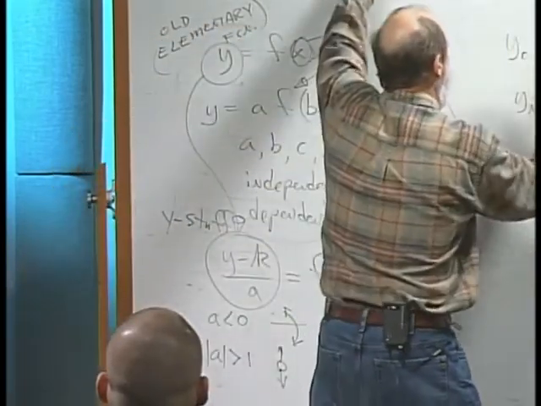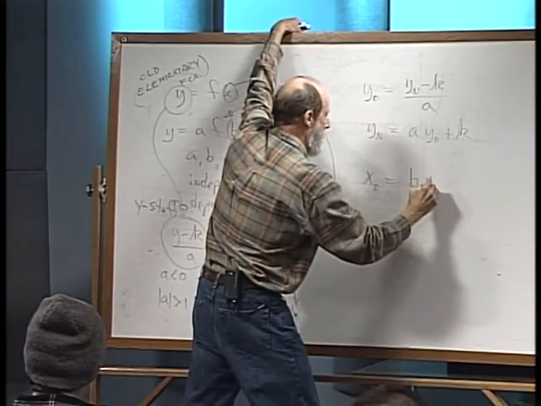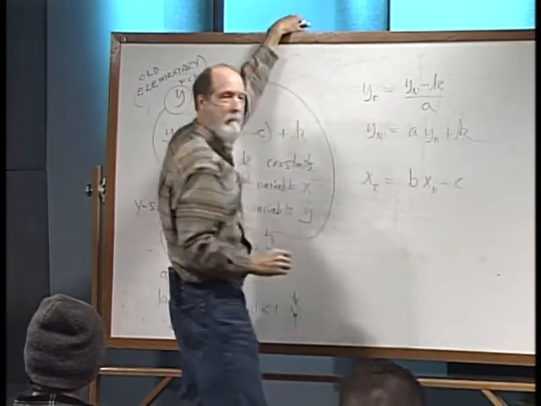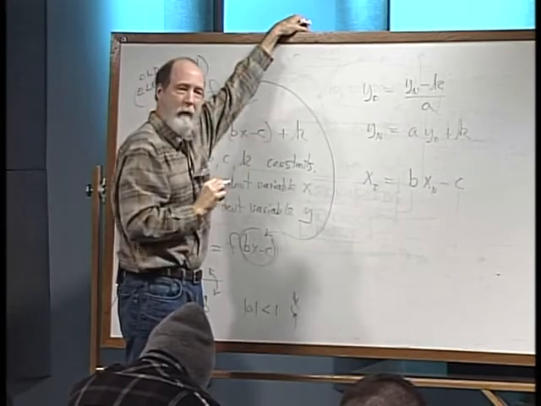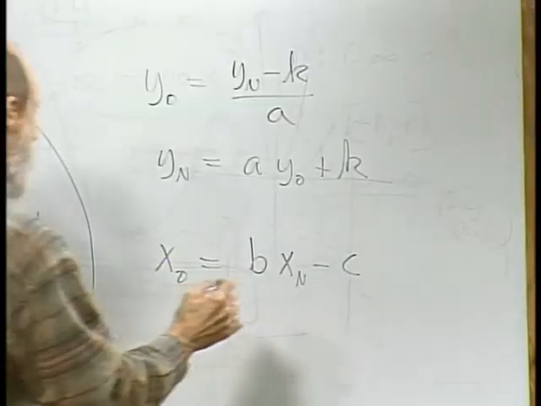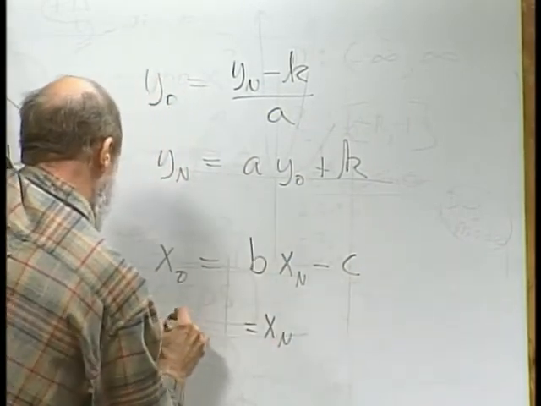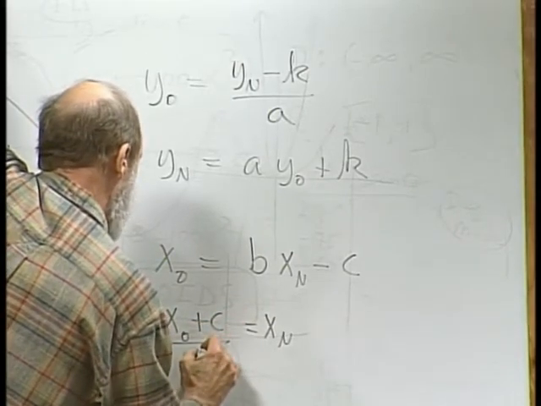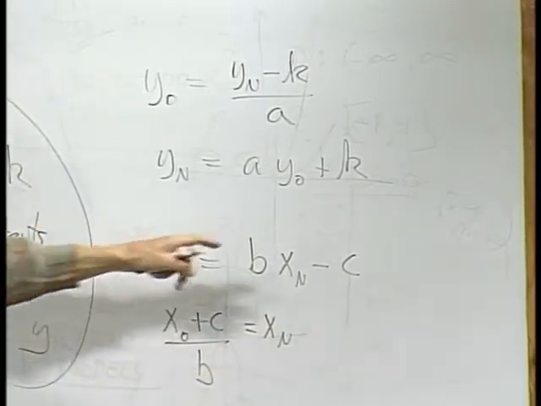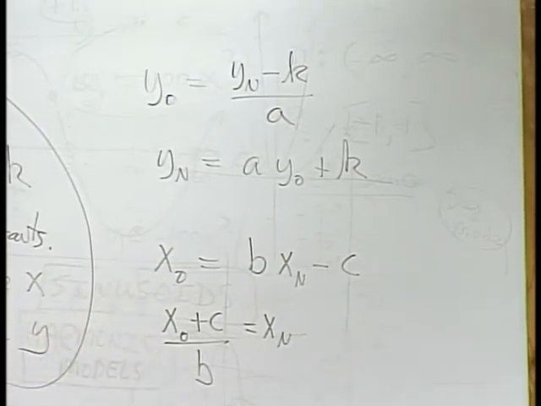So the old x is going to be equal to b times some new x minus c. Let's solve this for the new x. The new x equals x naught plus c over b. If I do the algebra here, adding c to both sides, move this down under there. Okay.